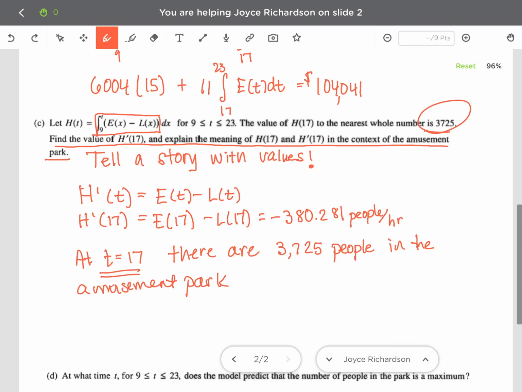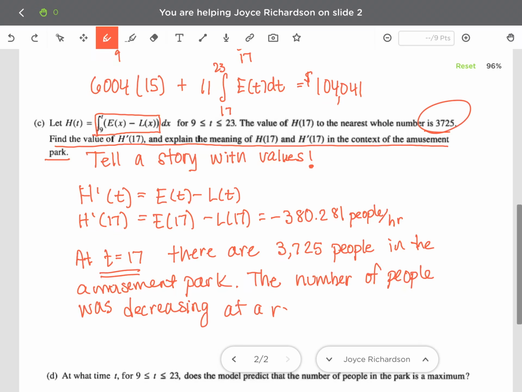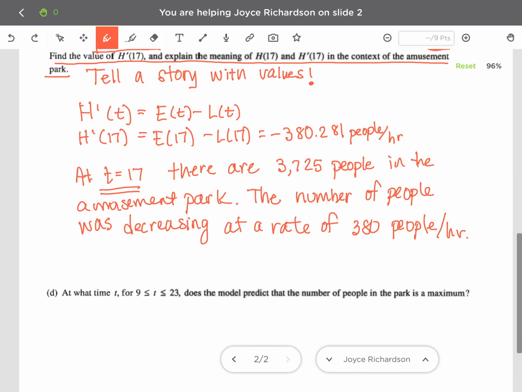And then you are going to say that the number of people was decreasing at a rate of 380 people per hour at t equals 17. Done.